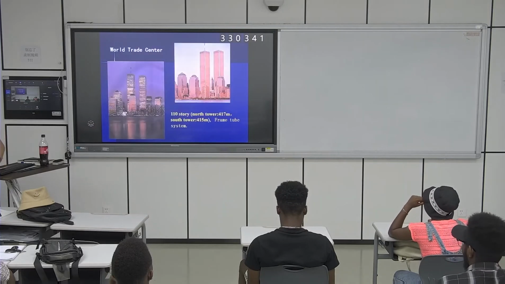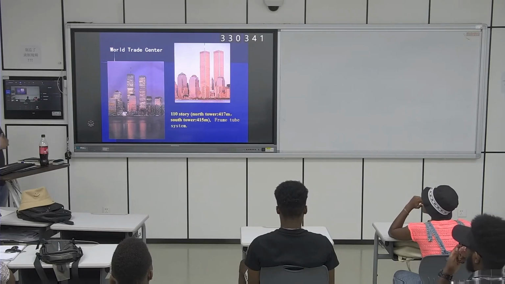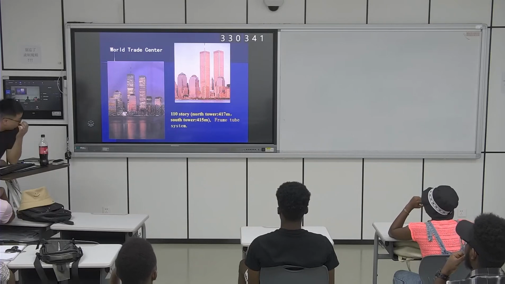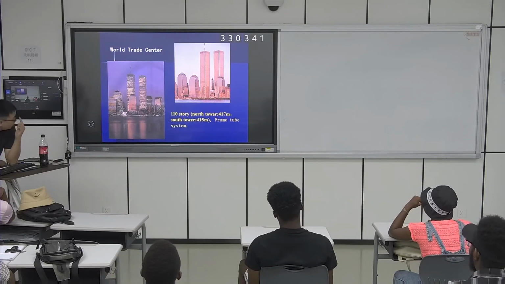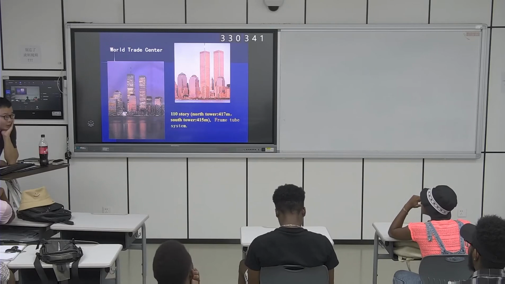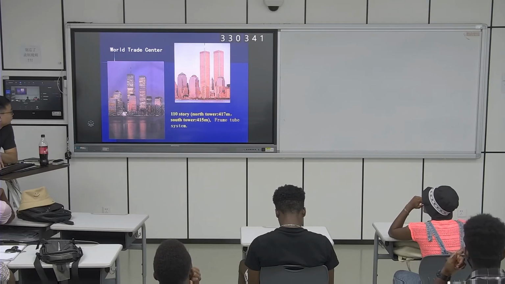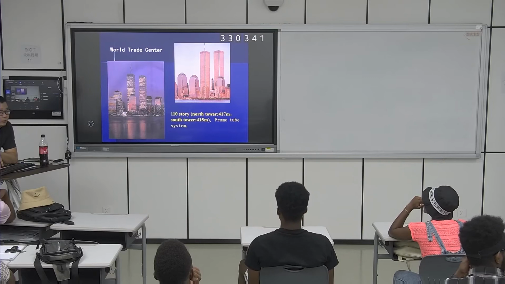Now the following part is interesting. This is the Trade Center, 110 stories. This one is a steel structural system. Every part is made from steel. You know these two buildings from before. You know that?